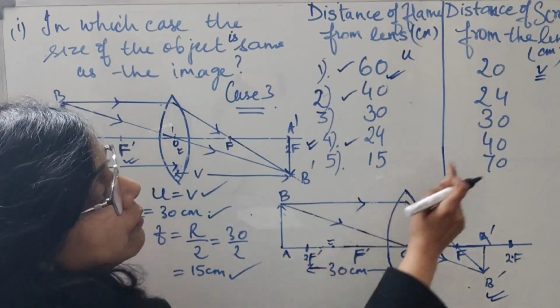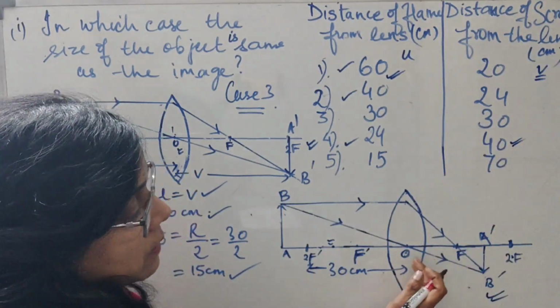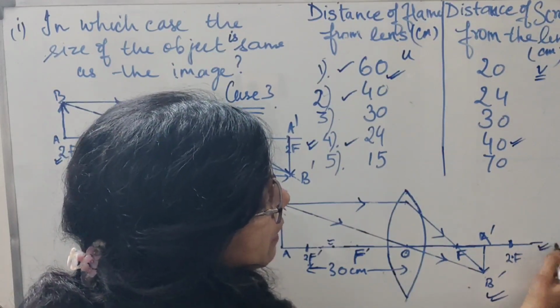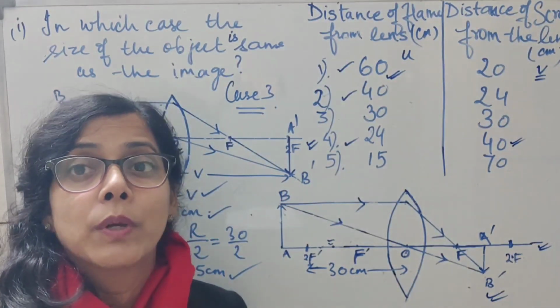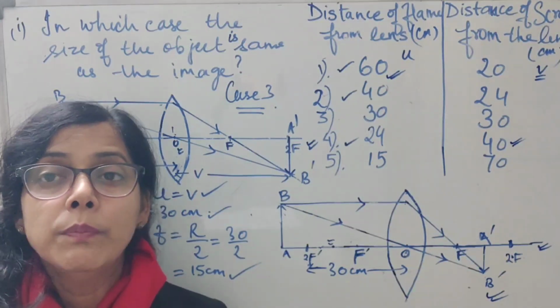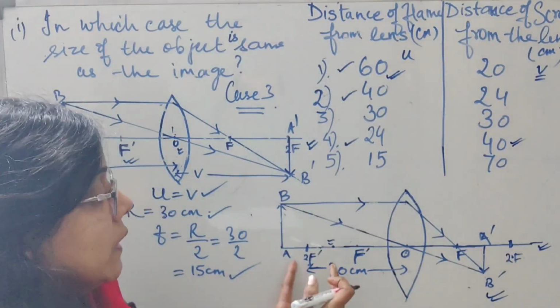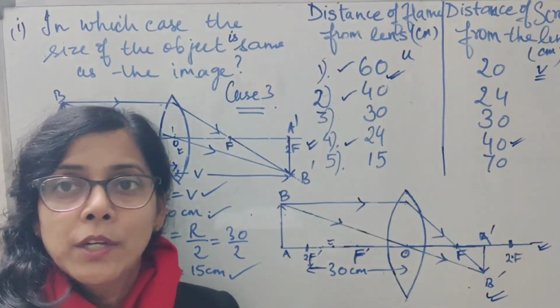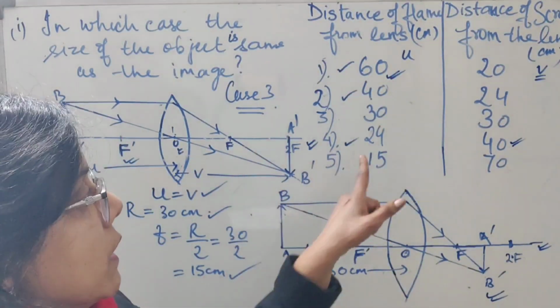And v is 40. v is 40 means the image is forming beyond 2f dash, somewhere here. So it means it is correct because whenever the object is kept between f and 2f, then the image is formed beyond 2f. So this is also correct. Case number 4 is also correct.